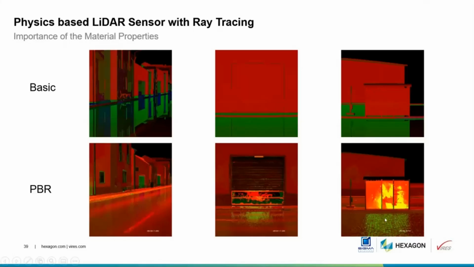So here you see how in physics-based sensors it has been visible, and the reflections. Here also it is the same. You could see here windows and all are not that much appeared. You could see here all these windows and everything has appeared very well in the physics-based simulation. So that's where the physics-based is very helpful to retrieve all the points of the reflections or the intersections of these material properties.